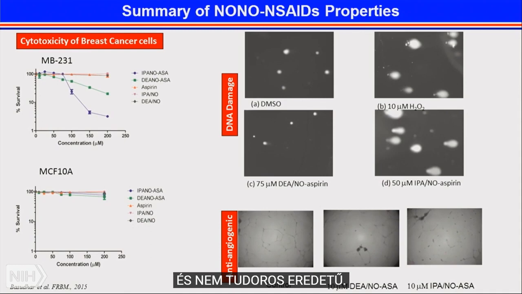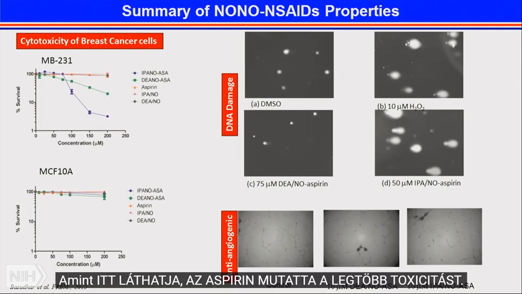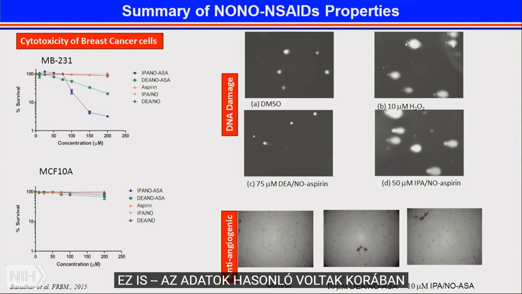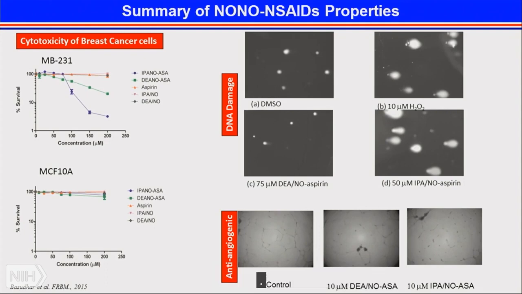As you can see here, ipanoaspirin showed the most toxicity in MB231, and the data was similar for MB468 and MCF7. The dinoaspirin molecule, which is NO releasing, showed less cytotoxicity, but it was still pretty toxic. The interesting thing about both the HNO-aspirin and NO-releasing aspirin is that they did not show any cytotoxicity on the non-tumorigenic cell line.